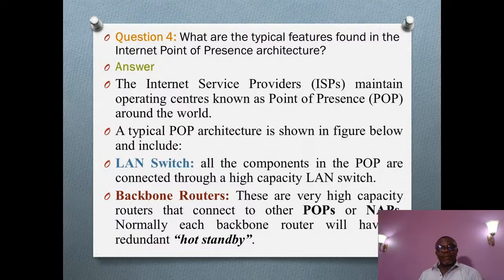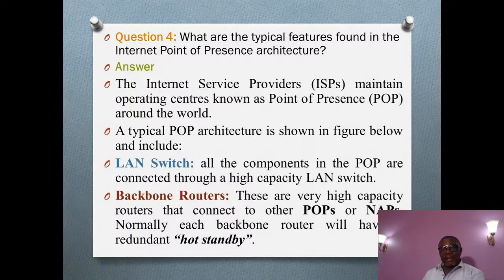Also has the backbone routers. So these backbone routers are very high capacity routers that connect to other point of presence or network access points. Normally, each backbone router will have a redundant hot standby.